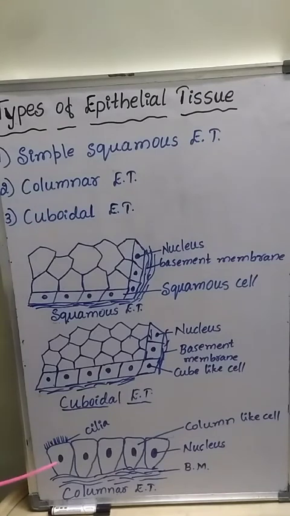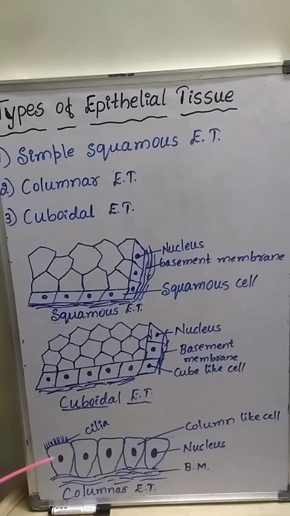See, this is the columnar epithelial tissue. The cells of the columnar epithelial tissues are tall, column-like or pillar-like, whereas the cells of the squamous epithelial tissues are flat, thin and polygonal.